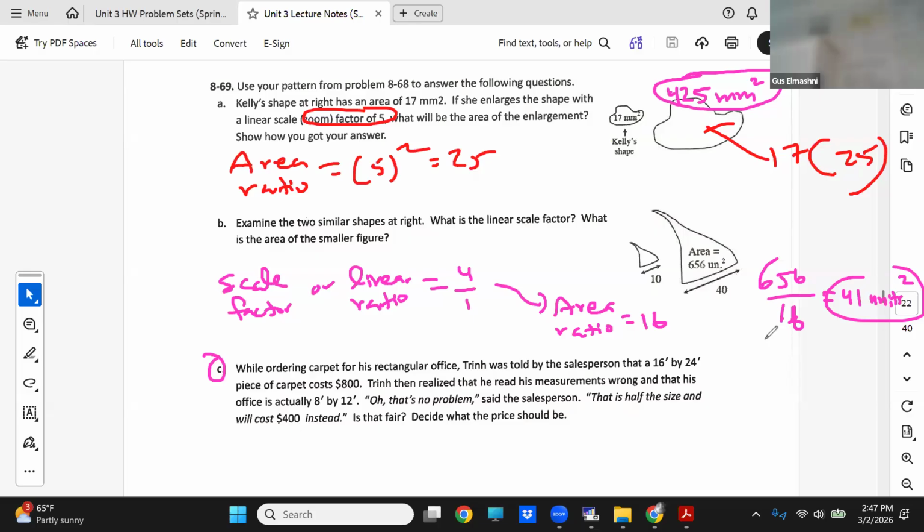Because if I'm reducing the width and the length by half each, you got to divide by 4, not divide by 2. So that should be $200.